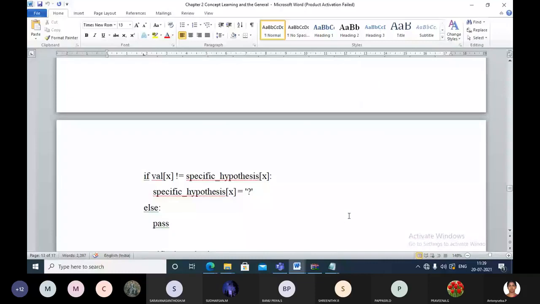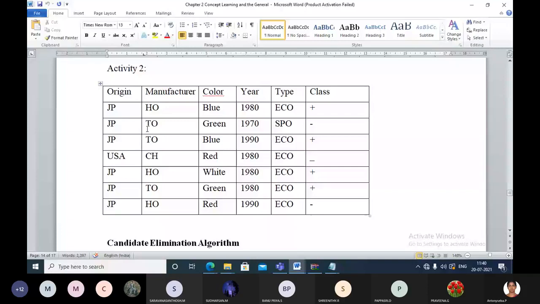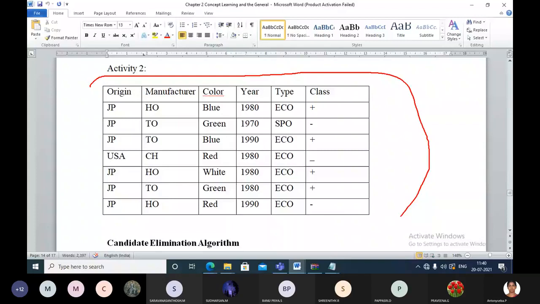Students, please note down this data set quickly. This is your today's activity, and you have to apply the Find-S algorithm. You have to solve it manually, and then implement it using Python and check whether both the results are the same. You can put everything in a Word document, or solve it in your notebook in your handwriting.